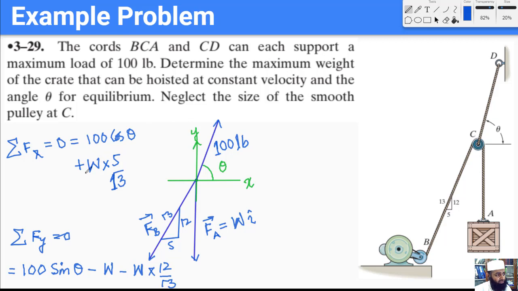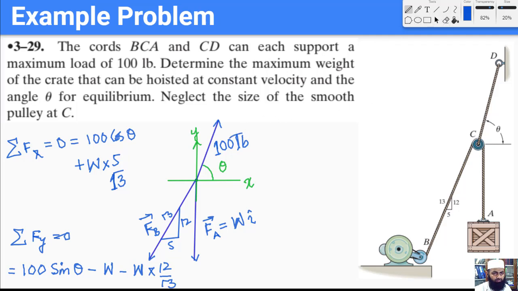Again, if W turns out to be greater than 100 pounds, then we know that this chord would break before this chord. But in this case, because this is vertically downwards, we would expect that this chord would break before this other chord.